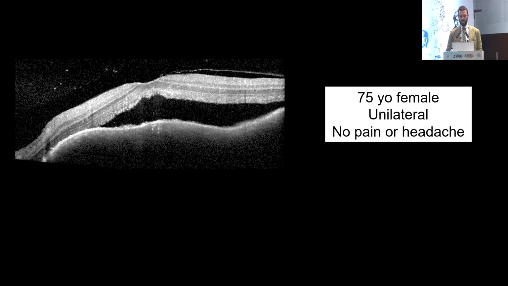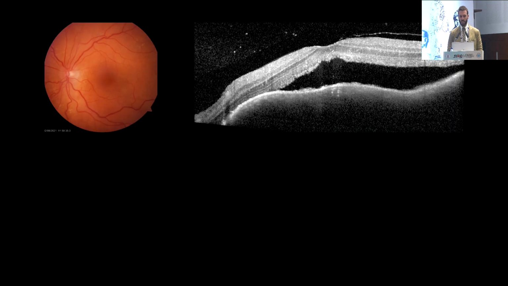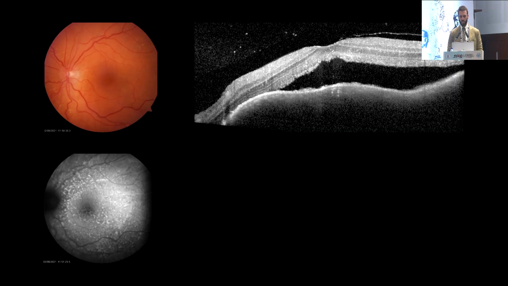So OCT, as I told you before, is showing you some cells which could be consistent with VKH, the subretinal fluid, the choroidal loss of vascularity, but the patient is 75, and this is unilateral. So in a 75-year-old patient, what is the most likely diagnosis when you have something unilateral and this particular appearance? Well, you want to know more about this patient.